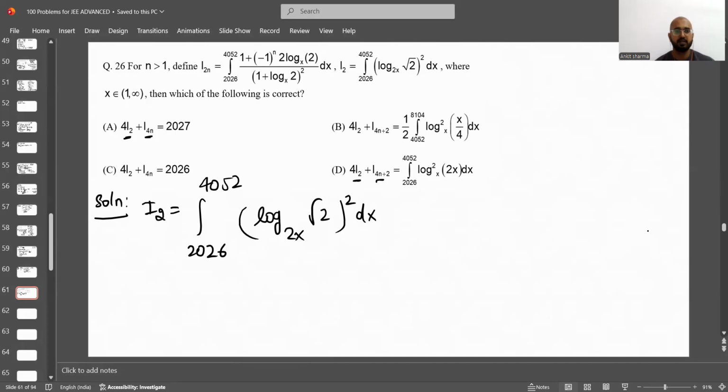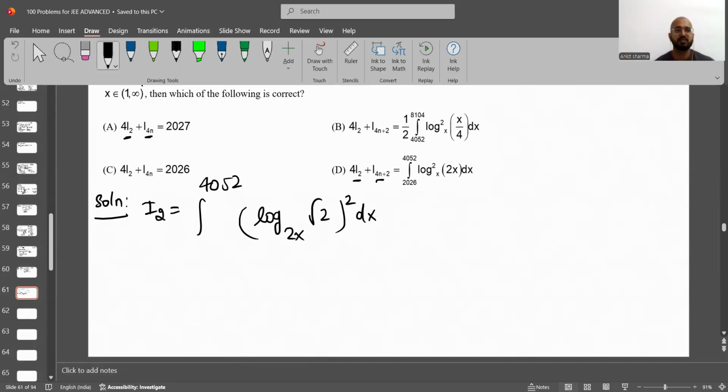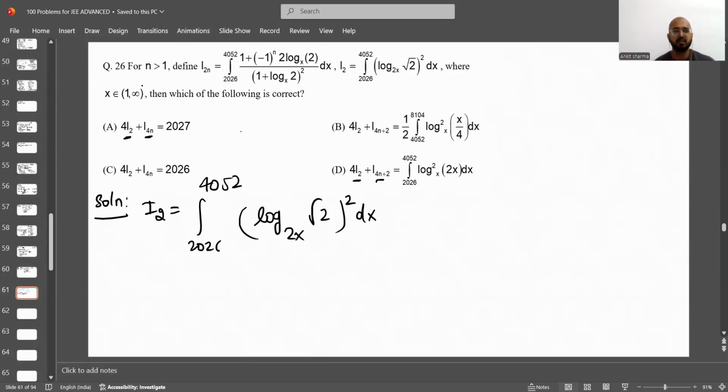Rather, I'll choose to write alpha and some other number, because every time writing this 2026 and 4052 is not feasible. Let's say this is my alpha, so this is 2 alpha. Of course, we see the difference that this is exactly double. So I'll take some limit. That means I2 is equal to the integral from alpha to 2 alpha.